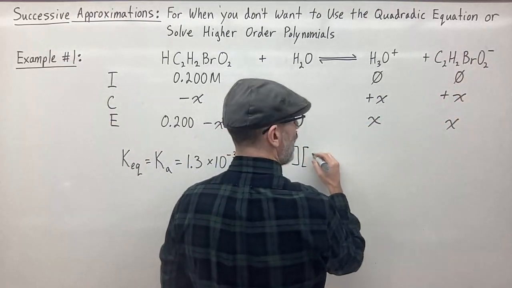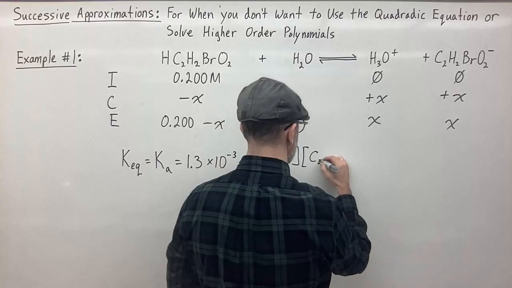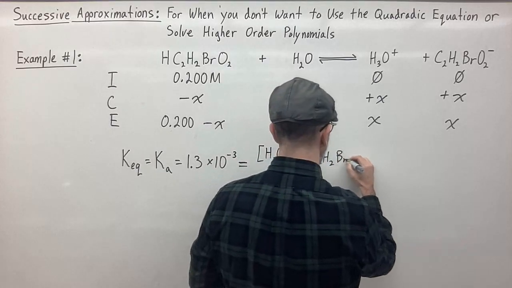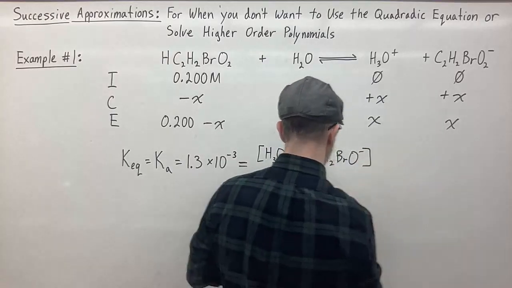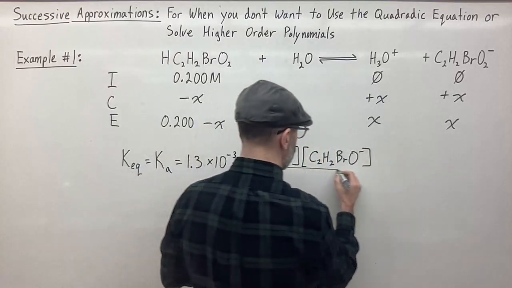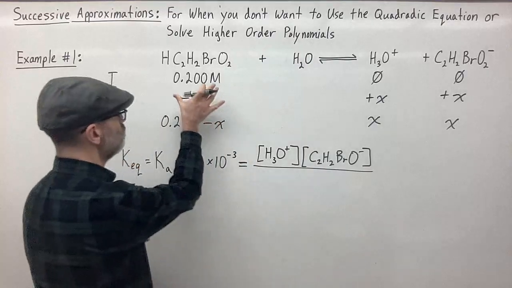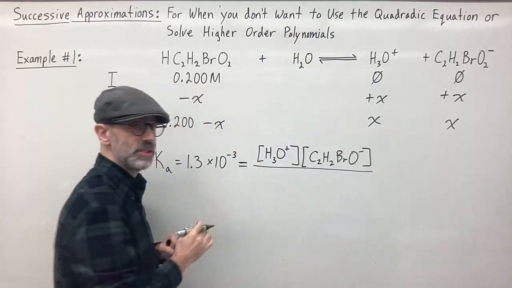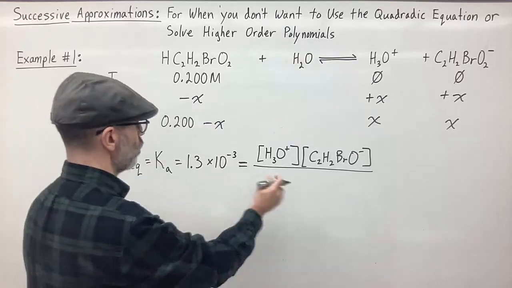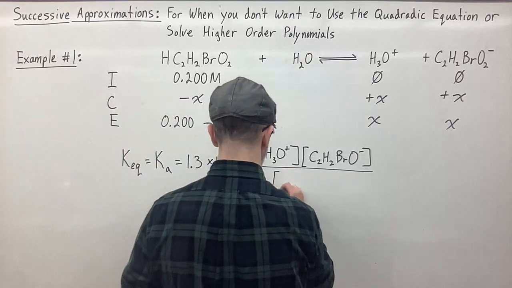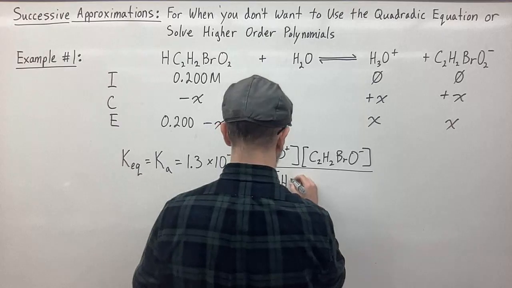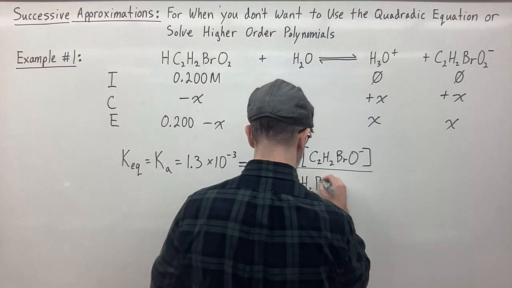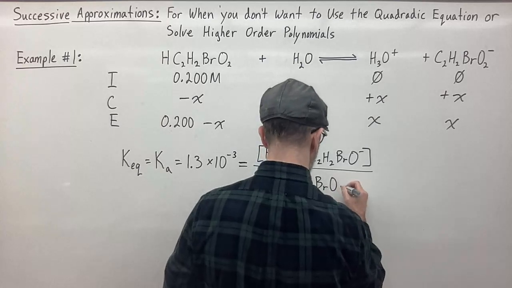That's going to be the anion, so C2H2BrO minus. And then all of that is over our reactant here. Again, we're ignoring water since that's a liquid. So it's going to be over the concentration of the acid, so HC2H2BrO.